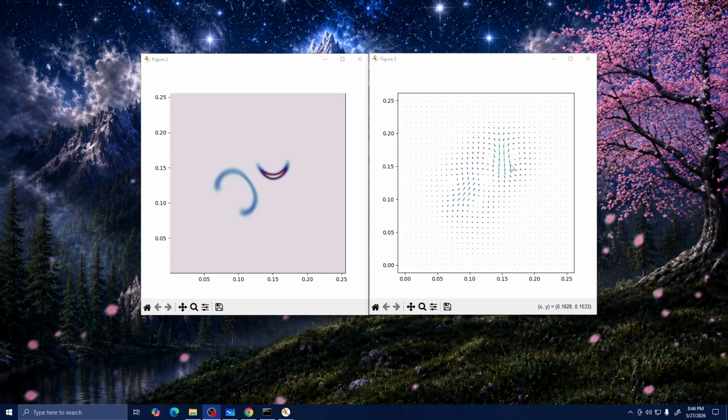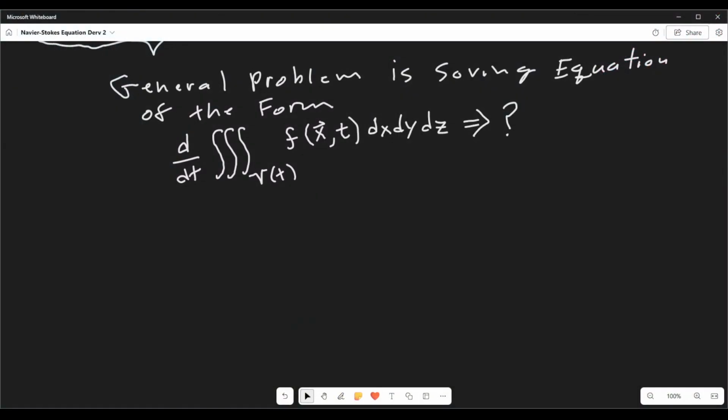So if W is moved from here to here, the velocity is changing both in direction and also in magnitude fairly considerably. So the problem with W being time dependent is that X is basically fixed in space. So this function is a fixed function that depends on space and time, and this volume is going to be moving over that.